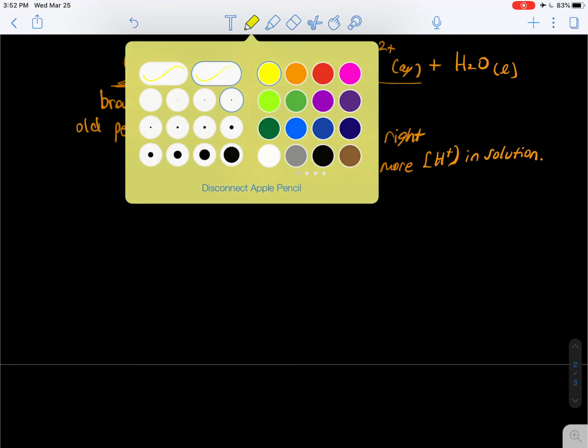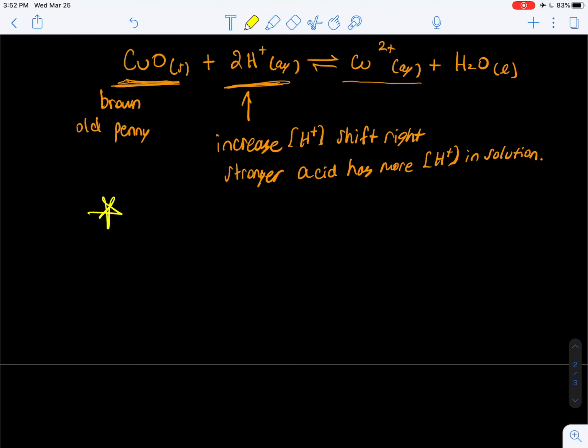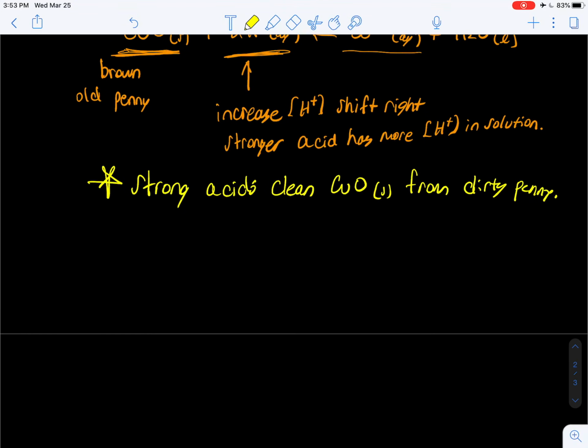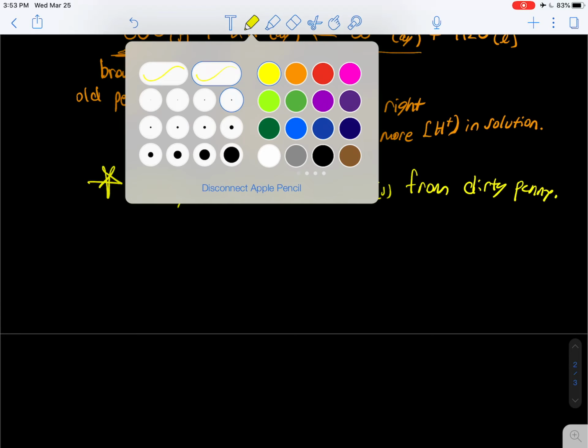The practical lesson here is that you can clean a penny with hydrochloric acid or something like that.